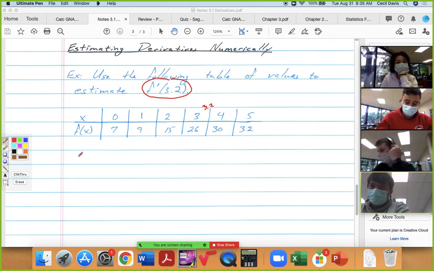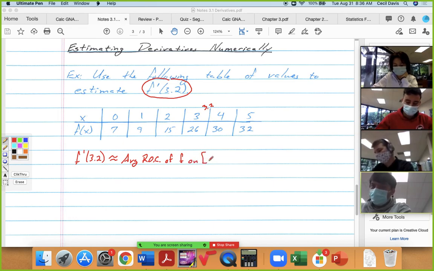So what we're going to do is say that f prime at 3.2 is approximately equal to the average rate of change of f on the interval from 3 to 4, because that's the smallest interval we have that contains 3.2.